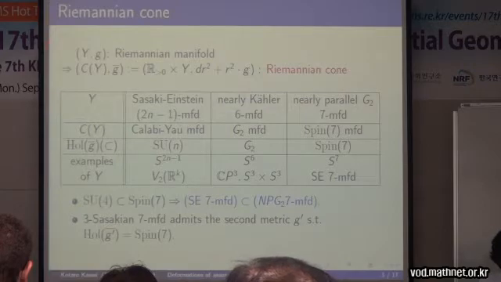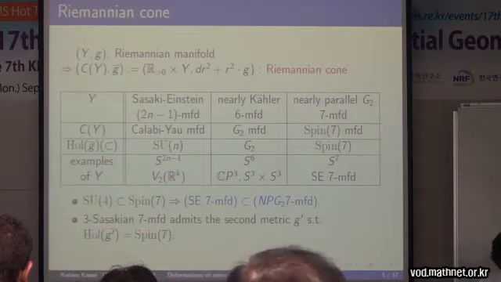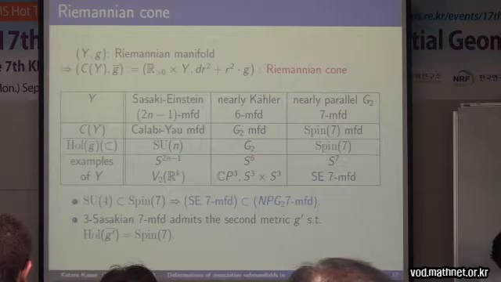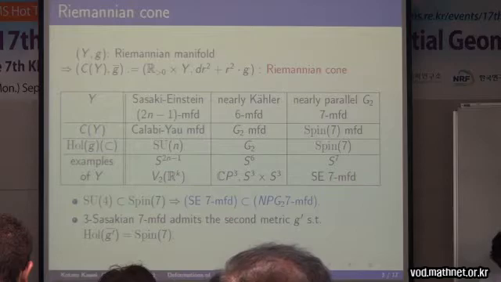Moreover, next we consider 3-Sasakian 7-manifolds. Here a 3-Sasakian manifold is a Riemannian manifold whose cone is a hyperkähler manifold. A hyperkähler manifold is a Calabi-Yau manifold, so a 3-Sasakian manifold is Sasaki-Einstein, and so is a nearly parallel G2 manifold in this sense.